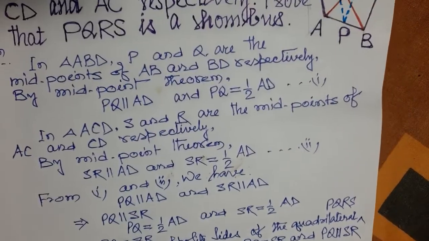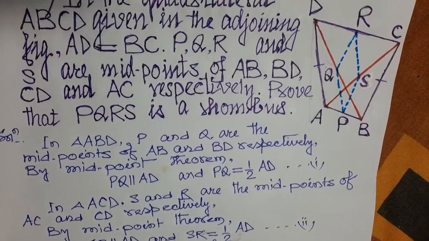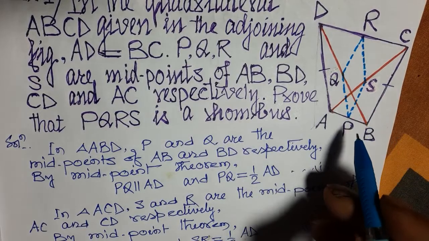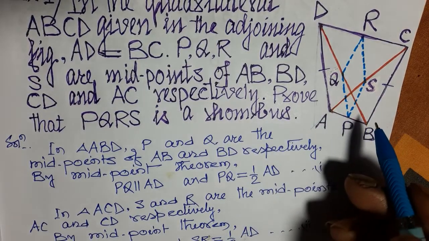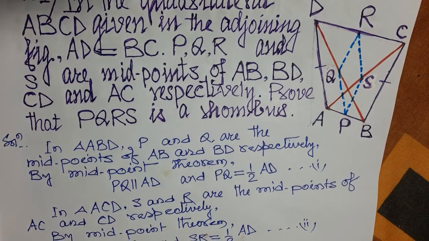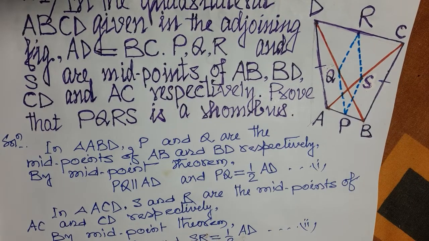Therefore, we proved that the adjacent sides of the parallelogram PQRS, that is PQ and PS, are equal. So, parallelogram PQRS is a rhombus.